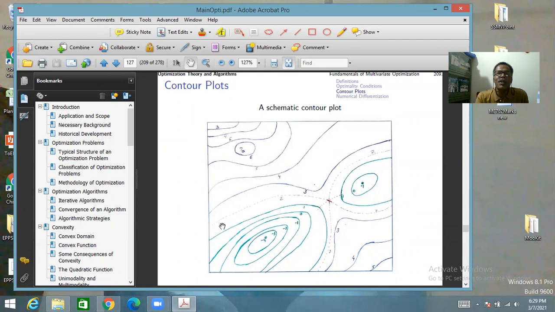I have shown it with 2, like this, separating these two and these two, and another intersecting contour curve with the same function value, separating these two on one side and these two on the other side. So these two intersecting curves together separate out these four zones.